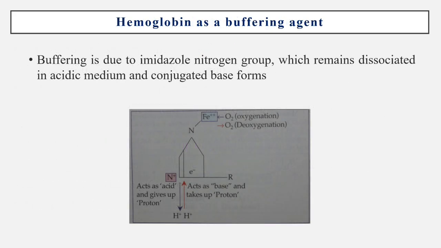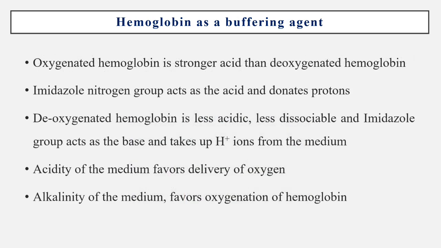Next, coming to the hemoglobin buffer system. Hemoglobin acts as a buffering agent. This buffering is due to the imidazole nitrogen group, which remains dissociated in acidic media and in base forms. Oxygenated hemoglobin is a stronger acid than deoxygenated hemoglobin. This imidazole nitrogen group acts as the acid and donates protons.